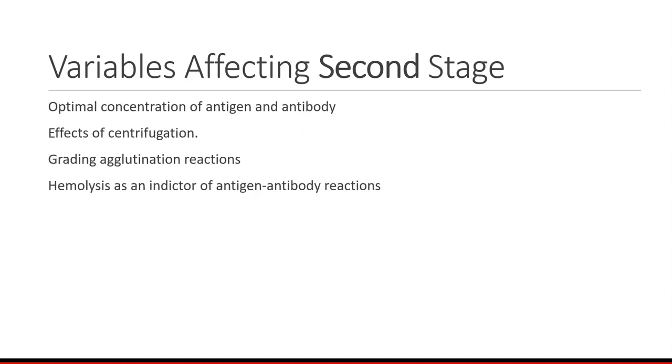Additional variables affecting the second stage: you need to have an optimal concentration of antigen and antibody. As we talked about before, postzone and prozone may result in false negative reactions. The effects of centrifugation: you've done ABO typing and you know there's a gentle method. You want to be gentle enough that you're not causing a false negative by shaking too hard.